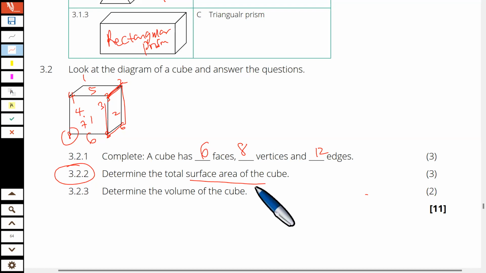Right, in 3.2.2 now, you must be able to determine the total surface area of the cube. What is the total surface area of the cube? I'm giving you 2 minutes. Please try it.